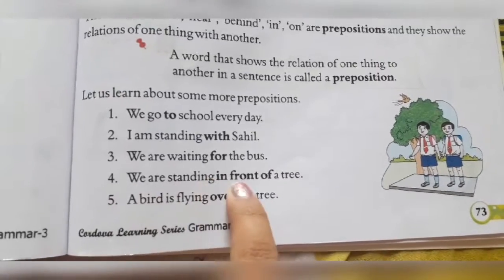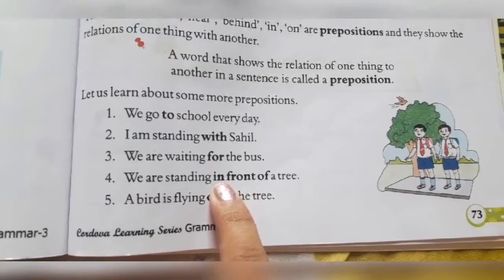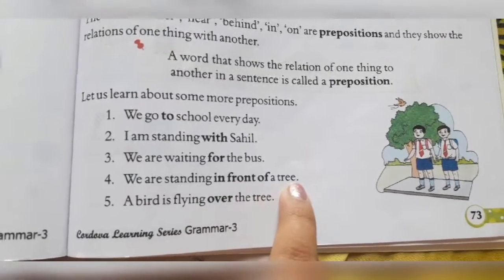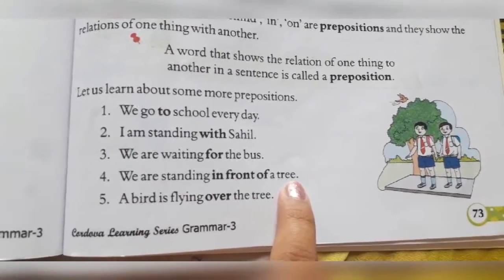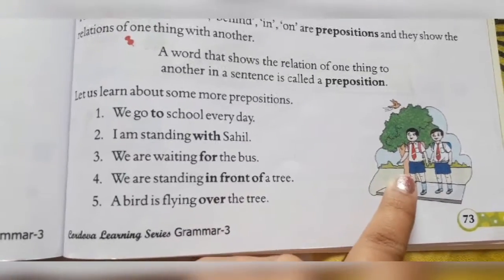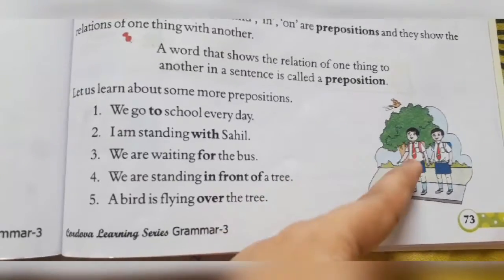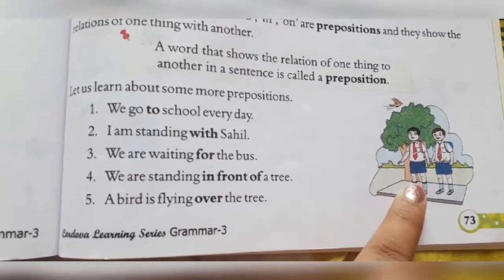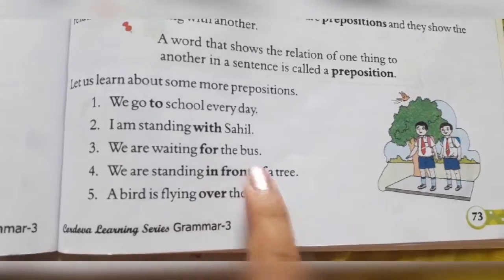We are standing in front of a tree. When you are referring to something that is in front, means aage, when you are referring to something which is in front of any object, we use in front of.